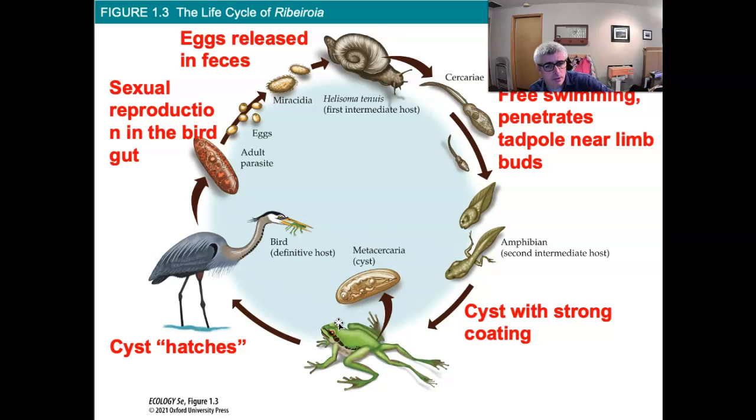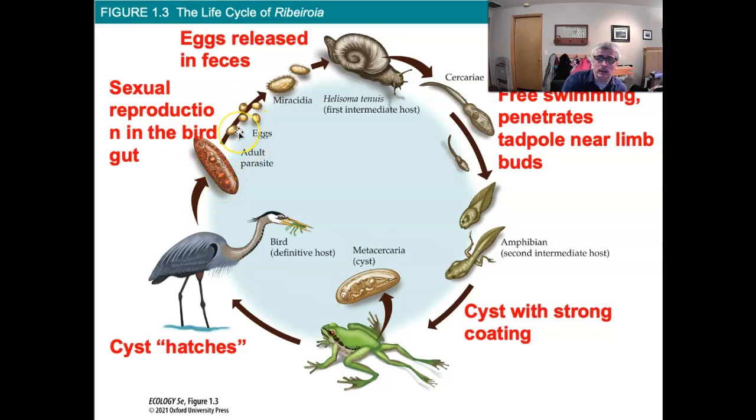If we start with the bird that's the definitive host, the bird consumes prey that have the metacercariae in it, the cysts. Those cysts then hatch in the gut of the bird as adult parasites, where they undergo sexual reproduction and release eggs.